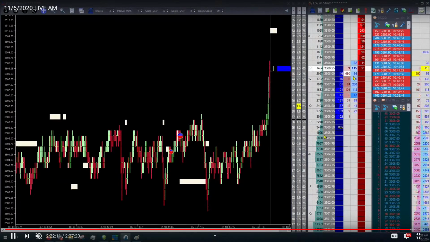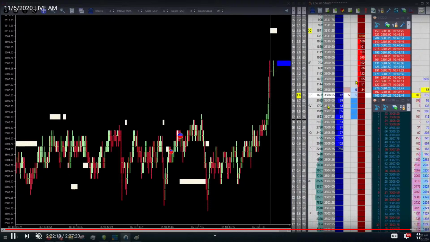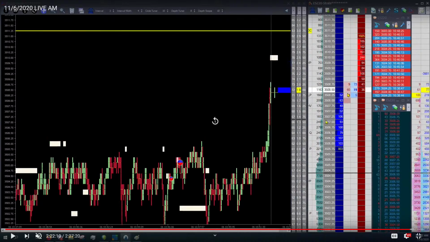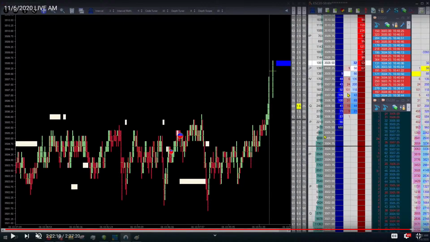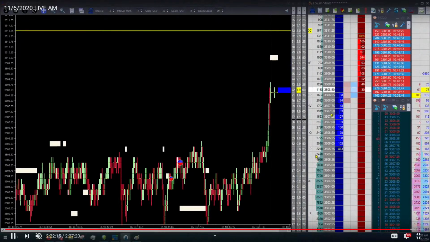So here I have target. I think I'm getting out right here. Did I already have my target there? No. Let's see how the exit was.